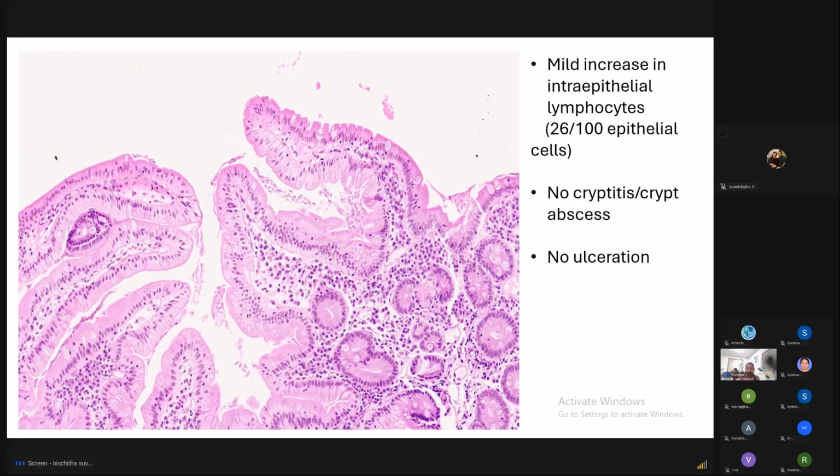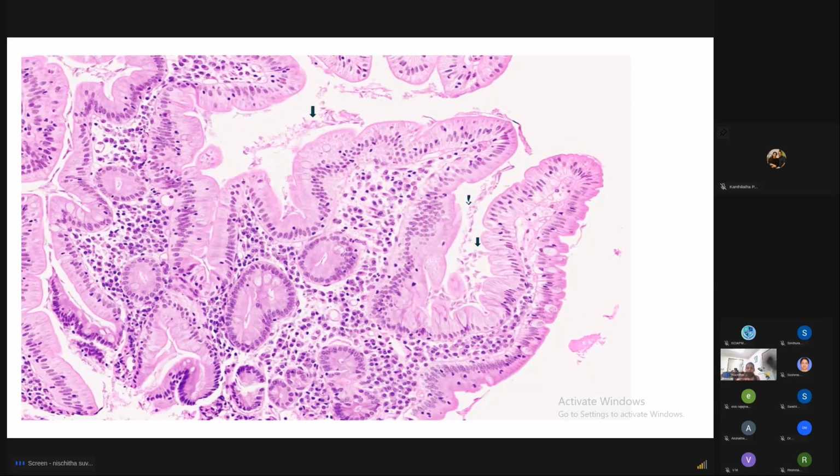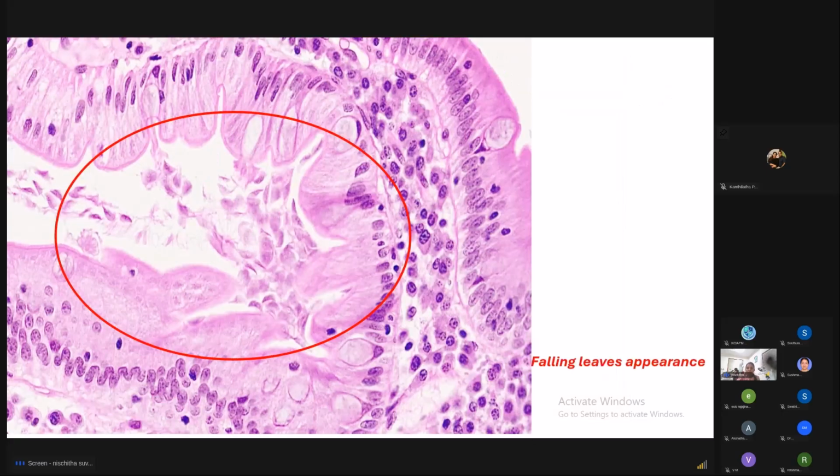What was striking here was the presence of these organisms along the surface of the mucosa and along the villi, in between the villi, which are characteristic. It has a very classic fallen leaves appearance, and on higher power you can see that these organisms are pear shaped or sickle shaped, crescent shaped organisms.